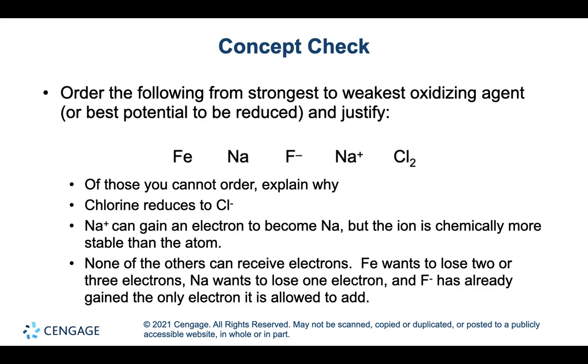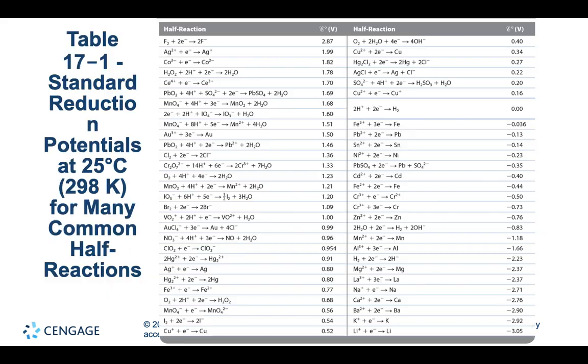Lower on the number line, lower on the chart, more likely to run in reverse as an oxidation. Okay, so this is our standard reduction potential. Remember, everything is 25 Celsius and 1 molar for any ion, 1 atmosphere for any gas, and besides that, everything is in their standard state if they're liquid or solid.